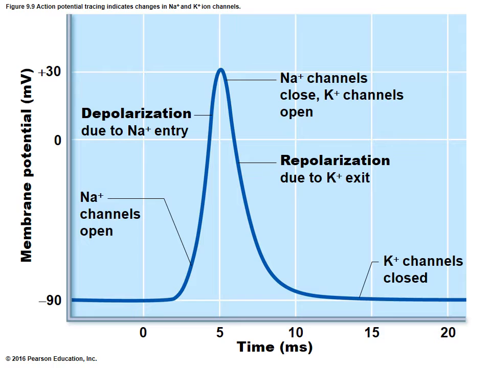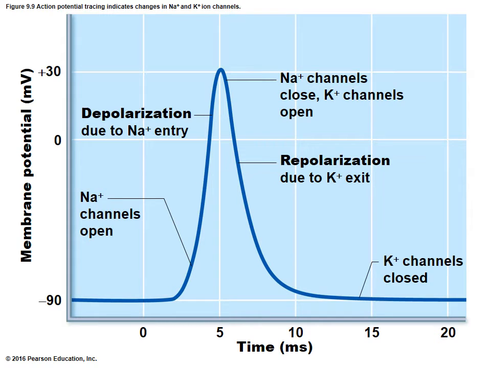Now, some of you might remember this graph from previous conversations. So this is our typical action potential. So let's just take a few seconds and let's familiarize ourselves. We see that on this graph, we are recording time versus membrane potential, meaning the electrical current that is flowing through the individual cell membrane.